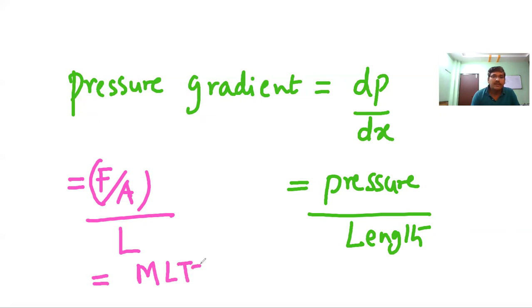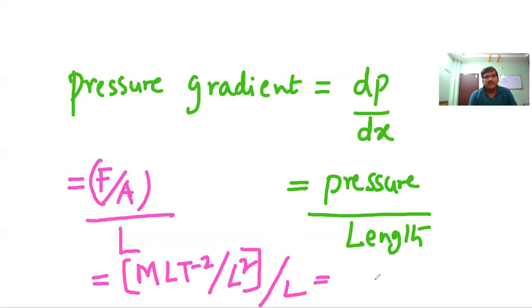This is the force by area, and the entire thing is divided by length L. On simplification, the pressure gradient dimension formula becomes M L to the power of -2 T to the power of -2, because one L and another L will get cancelled.